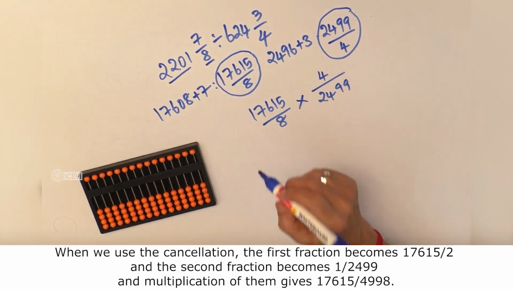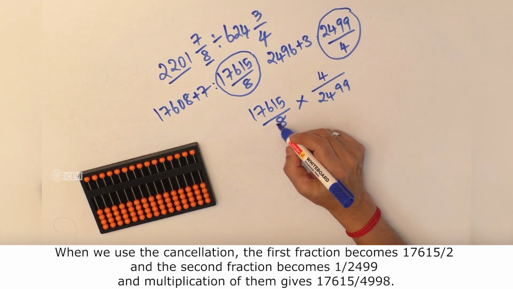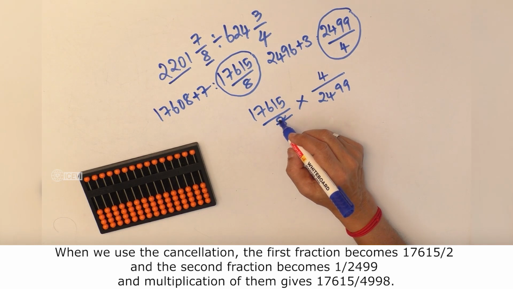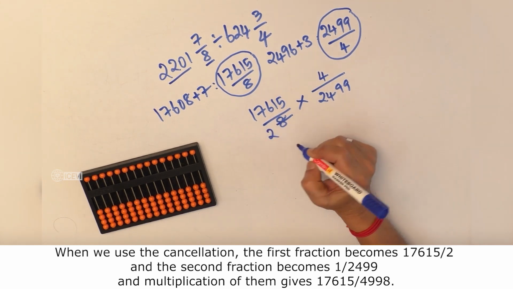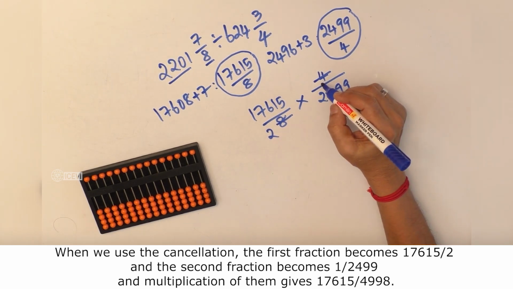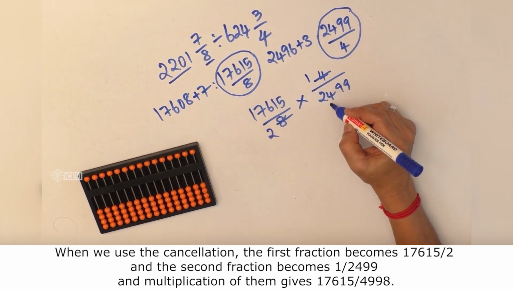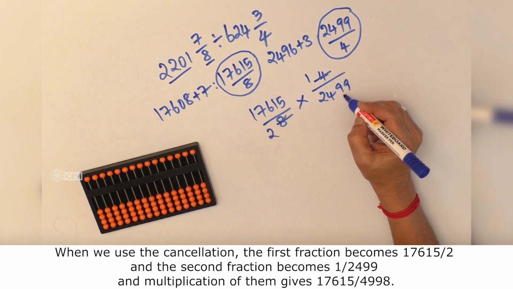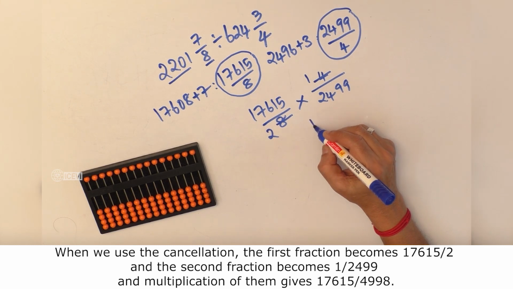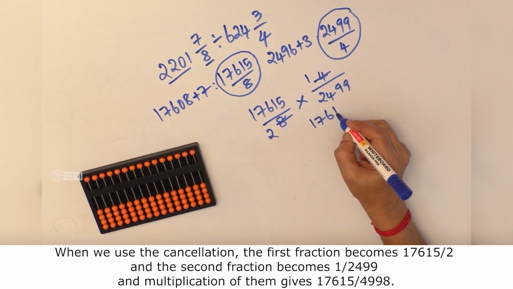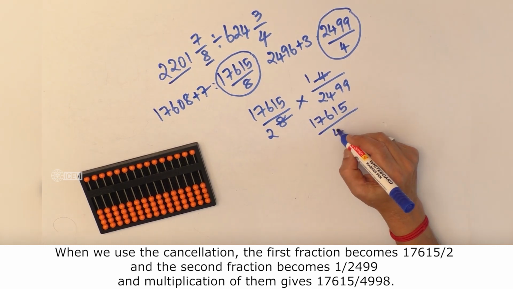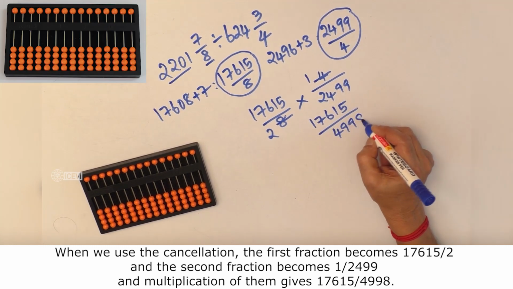When we use the cancellation, the first fraction becomes 17,615 by 2 and the second fraction becomes 1 by 2499, and the multiplied value becomes 17,615 divided by 4,998.